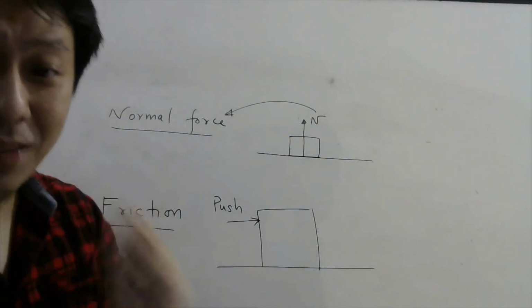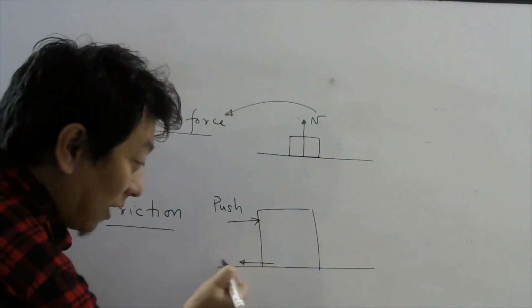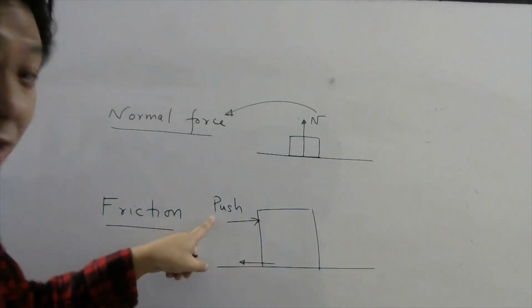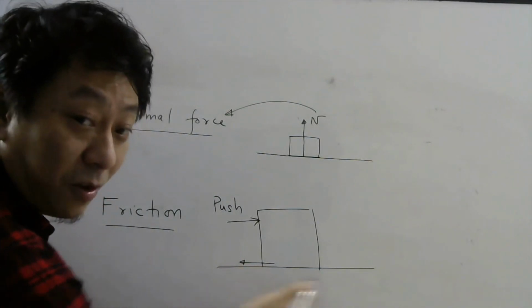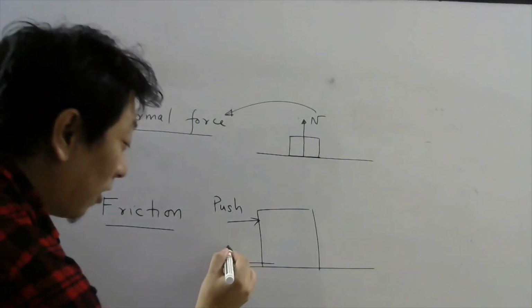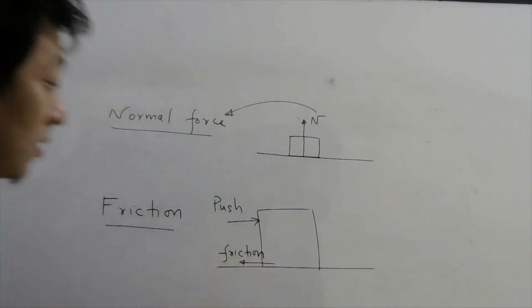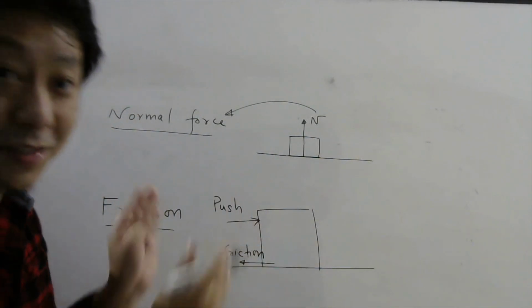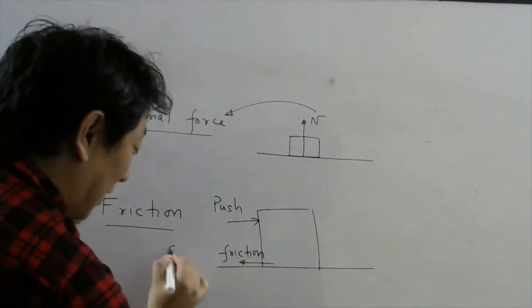The only way that can happen is if there is a force in the opposite direction which will balance this force, right? And that force has to be from the ground, from the floor, and that is what we call frictional force. So it is this frictional force which keeps the body at rest, and such a friction we call static friction.